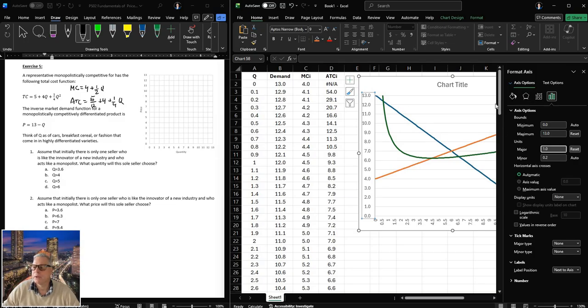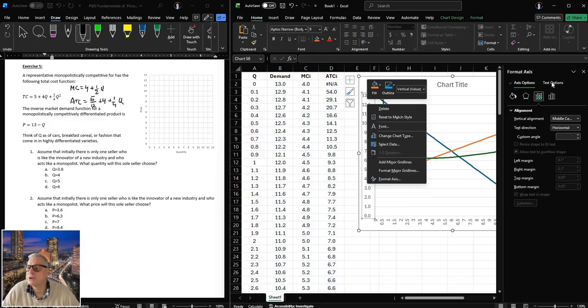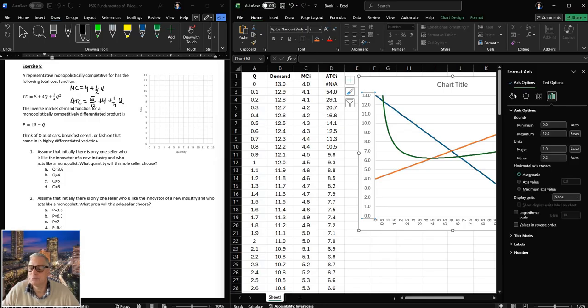Okay, and I don't need decimals, it only takes away a lot of space. So we have here axis options, tick marks 1, that's correct. Display unit, number here, we don't need any decimals.